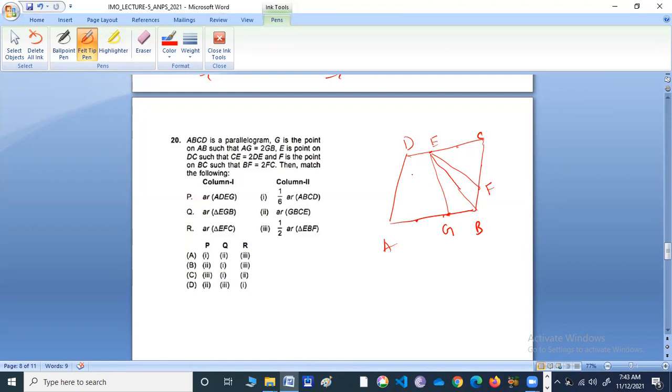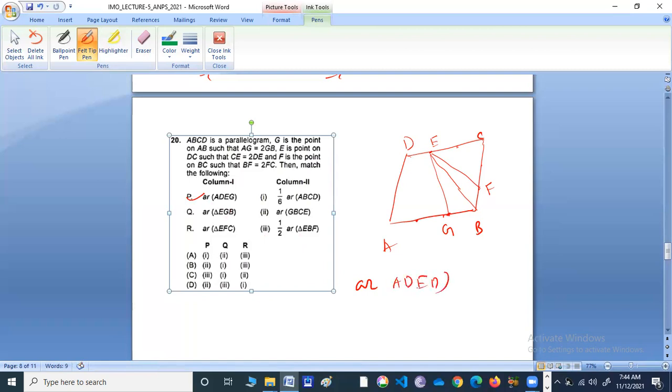See, area of ADEG will be what? Half into AG plus DE. ADEG first. So area of ADEG will be what?